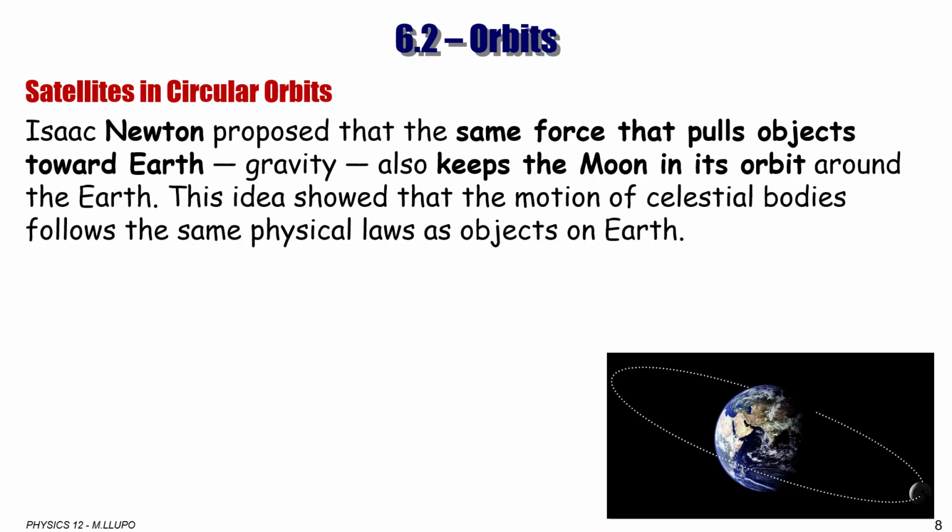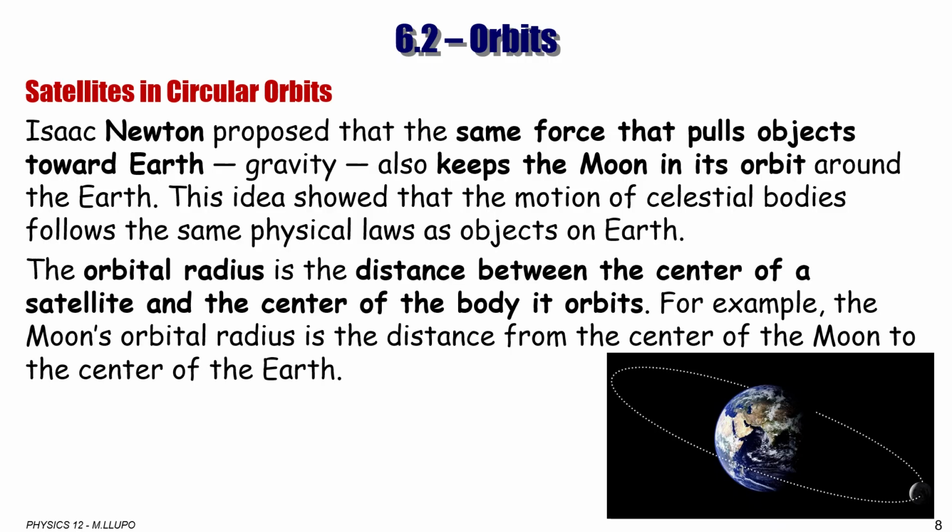Isaac Newton proposed that the same force that pulls an object toward Earth, that means the force of gravity, also keeps the Moon in its orbit around the Earth. This idea shows that the motion of celestial bodies follows the same physical laws as objects on Earth.